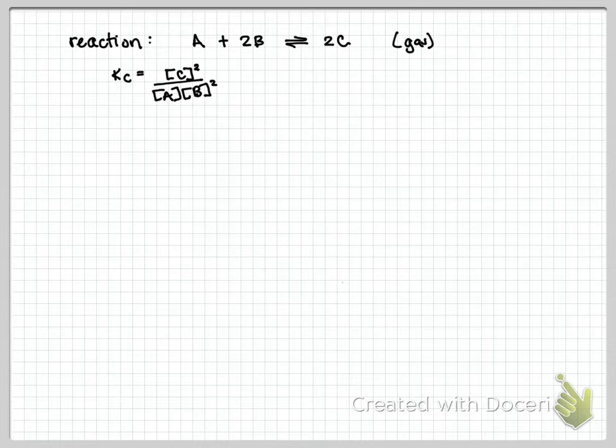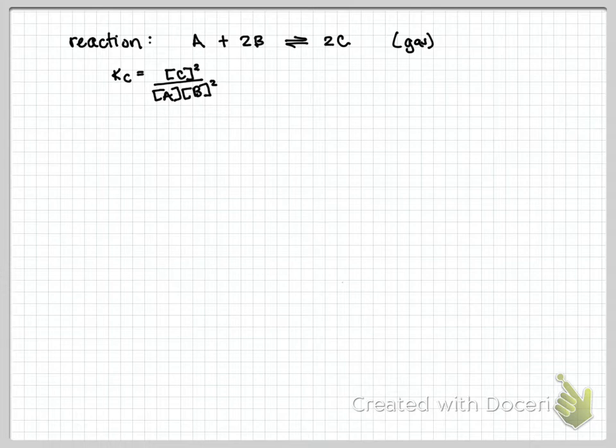So we'll have C squared because C is our only product, and that concentration should be squared because of the 2 in the balanced equation, divided by the concentration of A times the concentration of B squared. And again, that squared is coming because the reactant B has a 2 in the balanced reaction.